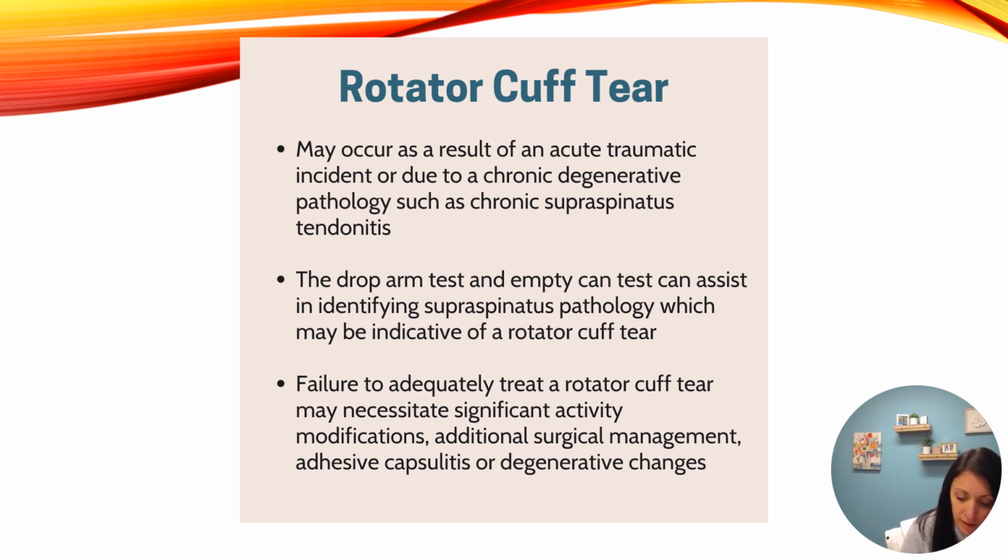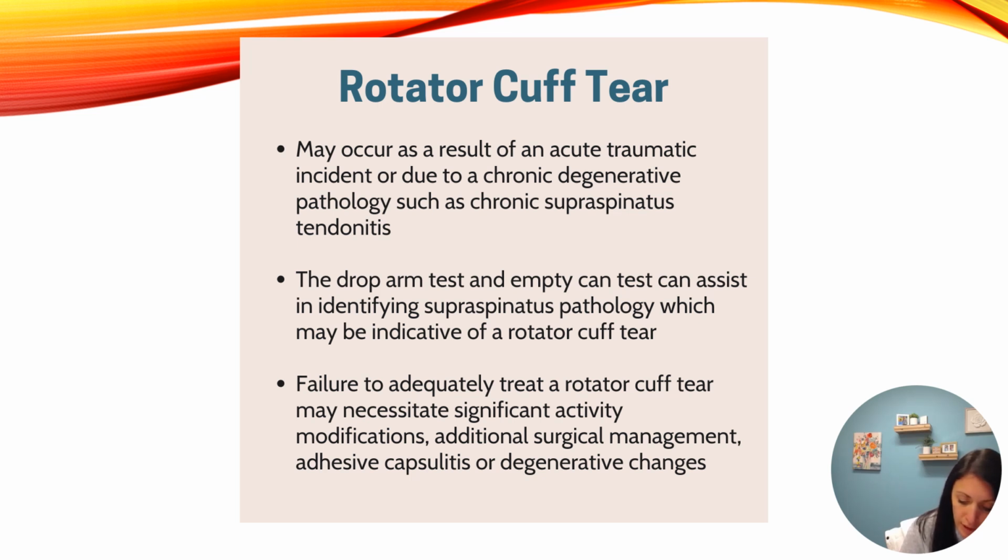Like I said, I'm trying not to repeat anything, but tears can be classified as partial thickness, full thickness, acute, chronic, or degenerative. But the most common tear is usually involving the supraspinatus tendon. It just depends on the trauma, because it could also damage infraspinatus and subscapularis as well.